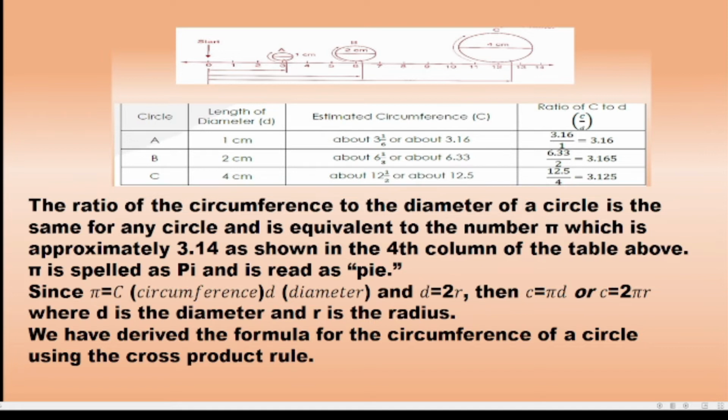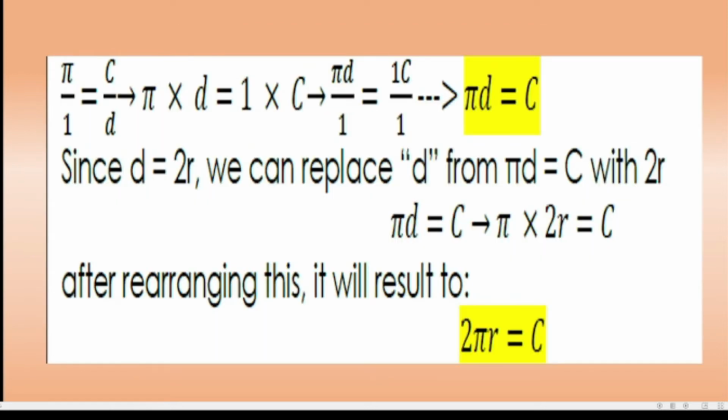We have derived the formula for the circumference of a circle using the cross product rule. So here, pi over 1 is equal to C over D. Then pi times D is equal to 1 times C. Cross multiply: pi D over 1, then 1C over 1, becomes pi D equals C. Since D is equal to 2R, twice the radius, we can replace D in pi D and C with 2R.